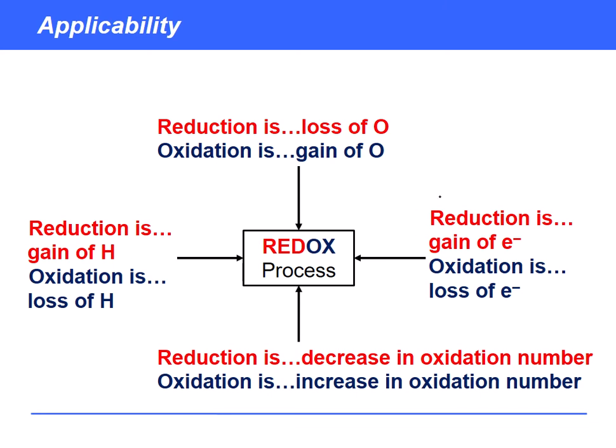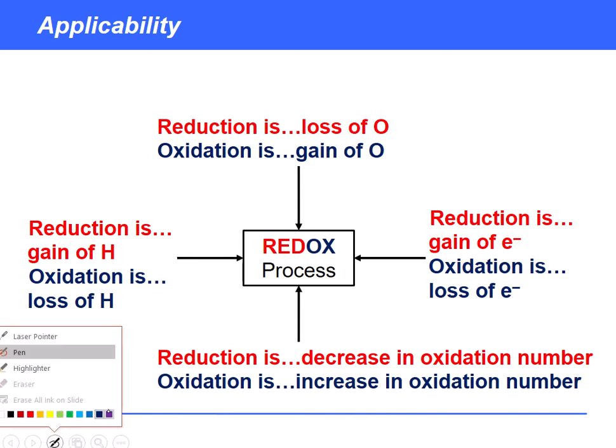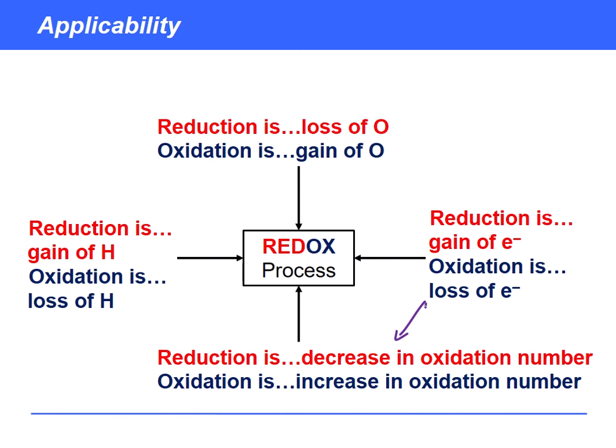And I also mentioned earlier that the gain and loss of electrons is often difficult to spot, but in fact the oxidation numbers is the sort of easier to use twin of these 2. So these guys here are really linked together very closely, but this is easier to spot.